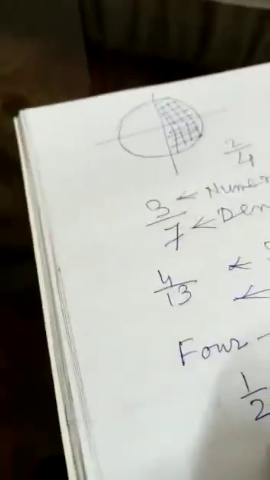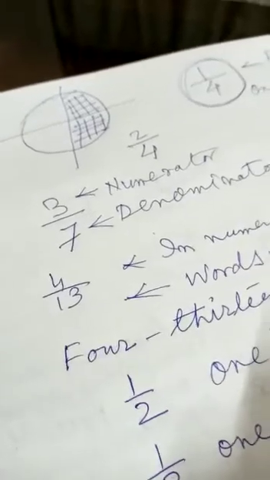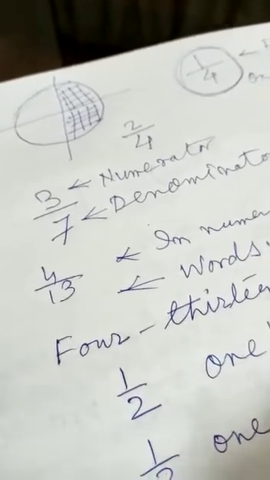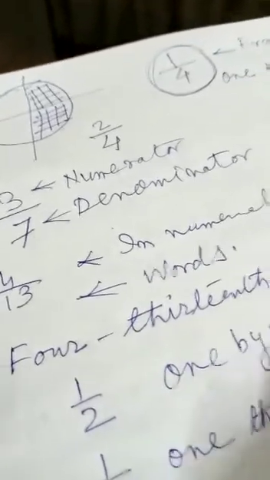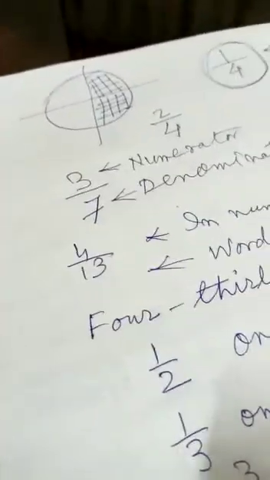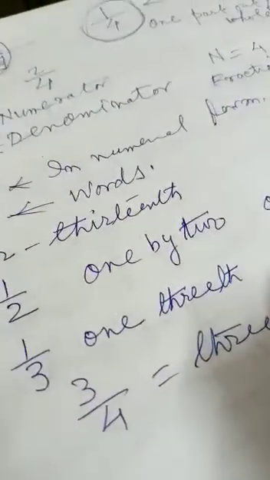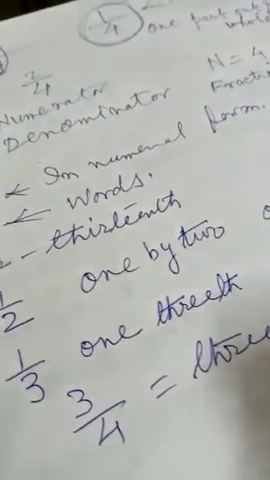Now suppose it is 1 by 3, so we can write it as 1 out of 3 or 1/3, one part out of 3. Okay, if it is 3 by 4, so we can also write it as 3/4, F-O-U-R-T-H, 3/4.